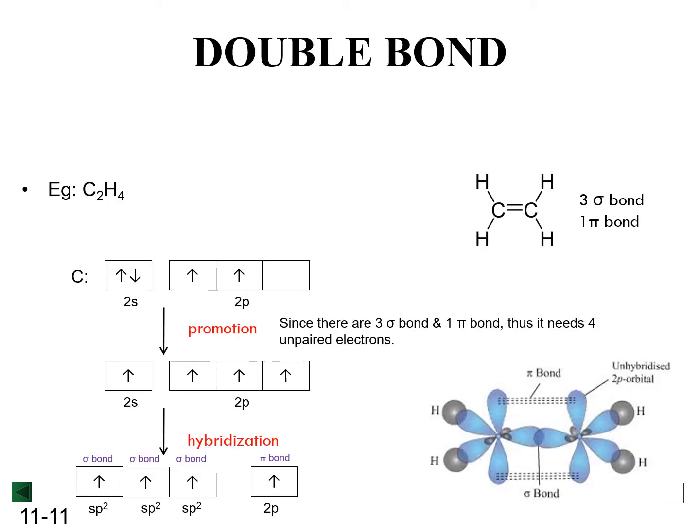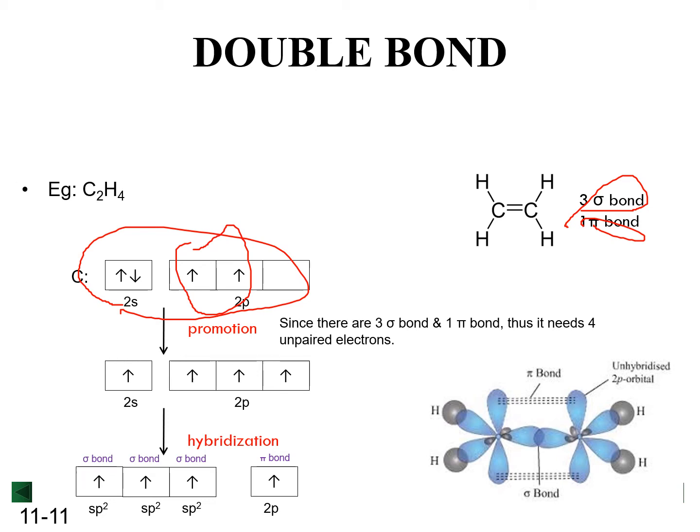Okay, here is an example of double bond formation in ethylene. In ethylene, each center atom has 3 sigma bonds and 1 pi bond. So the valence orbitals for each center atom are here. It has 2 unpaired electrons.